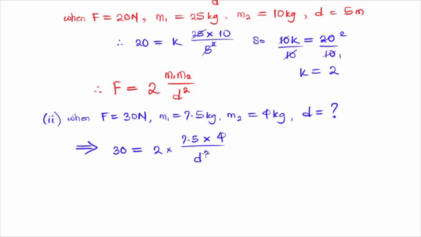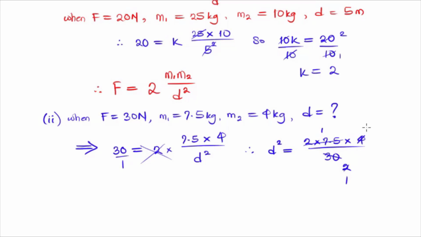So this is 30 over 1, and if we cross multiply, we have d raised to power 2 equal to 2 times 7.5 times 4 divided by 30. 2 and 7.5 give 15, so 15 cancels 15 in 30. 2 goes into 4 twice.